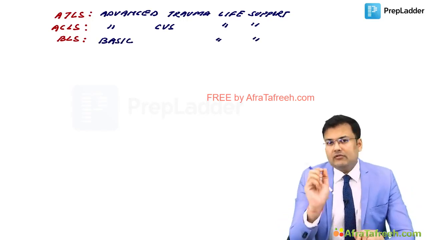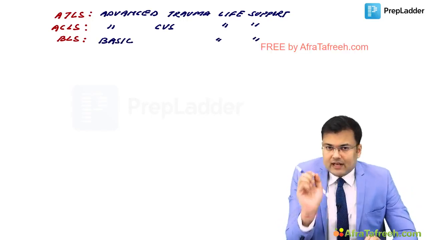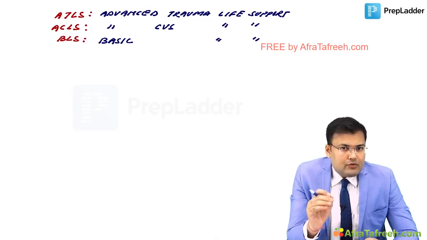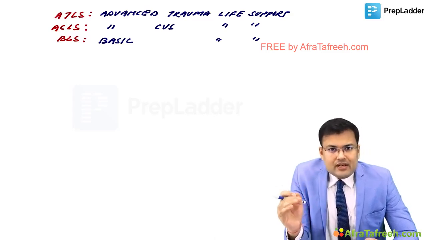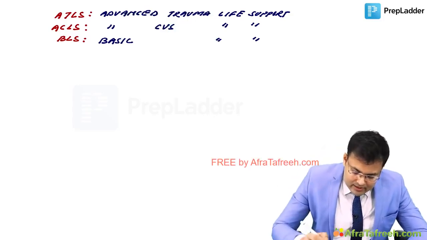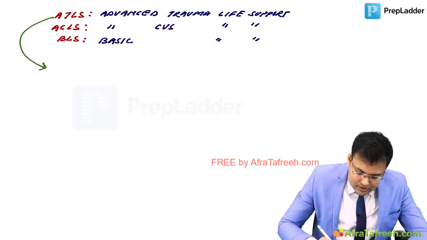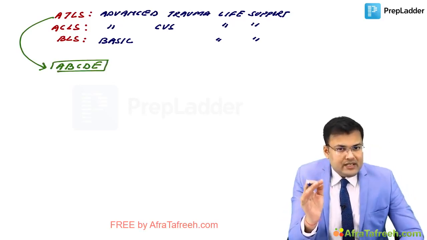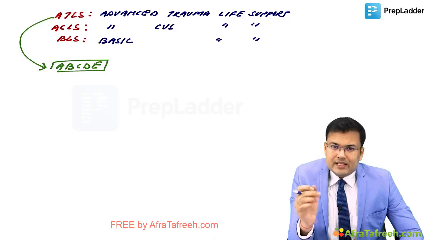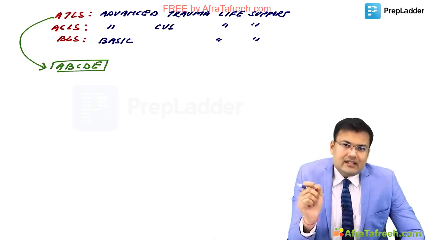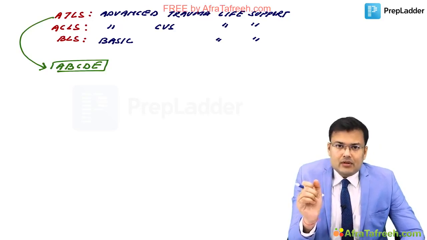Simple. Now see the question. There are two kinds of questions which are asked. According to ATLS protocol, we are supposed to follow ABC or CAB? According to ATLS protocol, we are going to follow A, B, C, D, E. A is airway, B is breathing, C is circulation, D is disability, and E is exposure with environmental control.